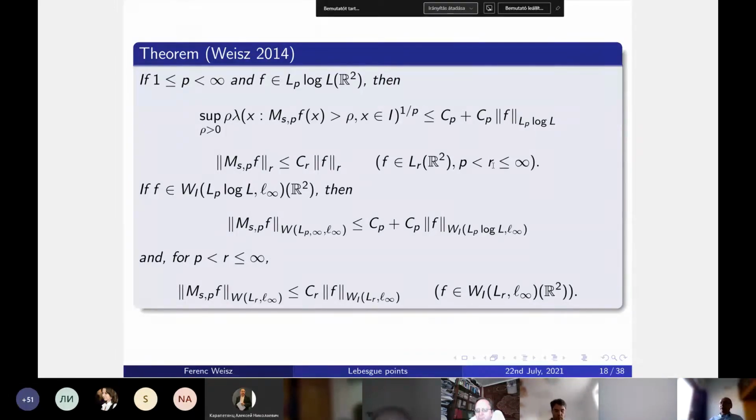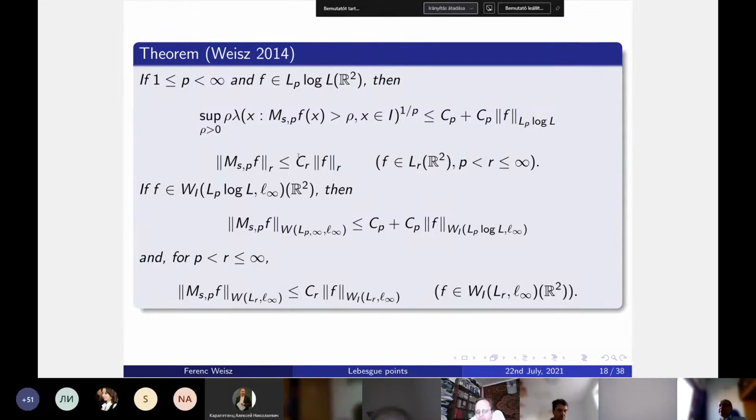It is not true for r equal to p, and the weak type inequality is not true, so this weak L^p norm of M_s f cannot be estimated by the p norm of f, but it can be estimated with this right-hand side, so by the L^p log L norm plus a constant. On the left-hand side, I have to suppose that x is in a compact interval or compact set.